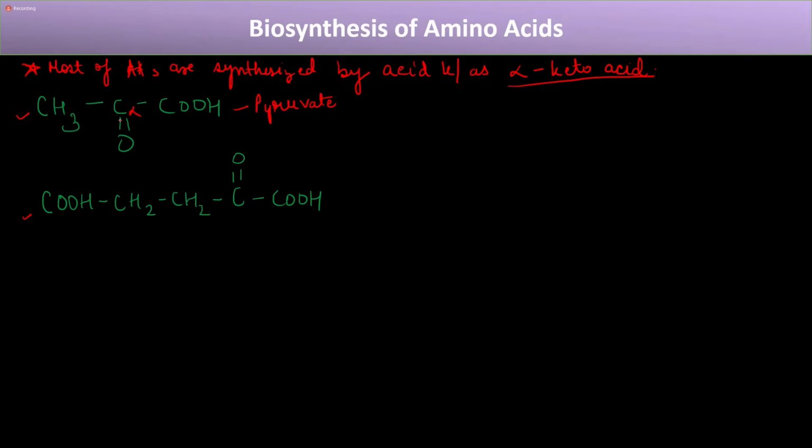And it has both the ketone group, that is CO, and the carboxylic group, that is COOH. It is a type of alpha keto acid. Similarly, we have a second type of alpha keto acid, in which on the alpha carbon we have CO, along with another carboxylic group attached after an ethyl group.